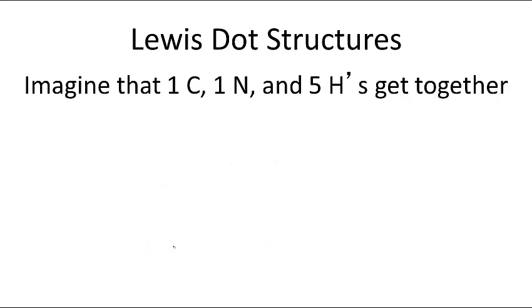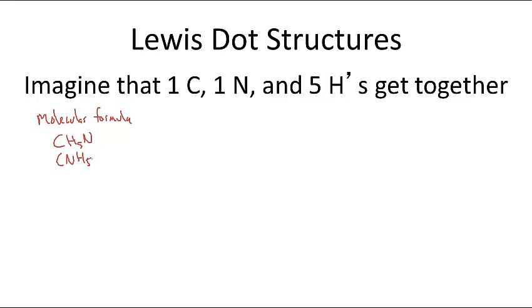So how do we put these structures together? Well, you saw from class that if we have 1 C, 1 N, and 5 H's, we can just draw them out one at a time. So let's start with the molecular formula. So this is CH5N or CnH5. However you want to write it is fine.